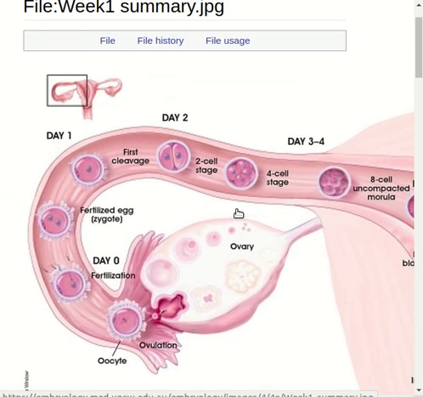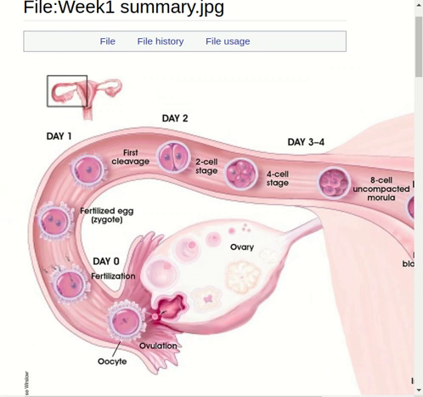So the first week of our development begins with fertilization of an egg by a sperm, forming the first cell, the zygote. Before it was called an oocyte, once it leaves the ovary, and then it's called a zygote.